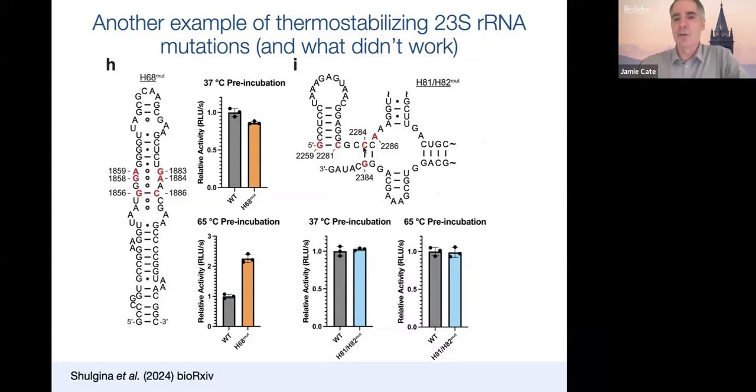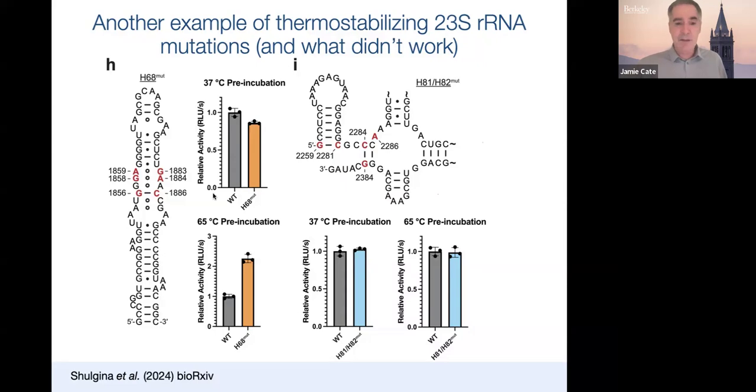The reason we didn't do this one to begin with is that RNA secondary structure forms first, and it's the tertiary structure, the more three-dimensional part of the structure, that's less stable in an RNA. So our thinking is that changing just standard Watson-Crick base pairs, those are already very well stabilized in the E. coli ribosome. And so we only had really one mutation in this that was potentially of interest, and it didn't work in this case.